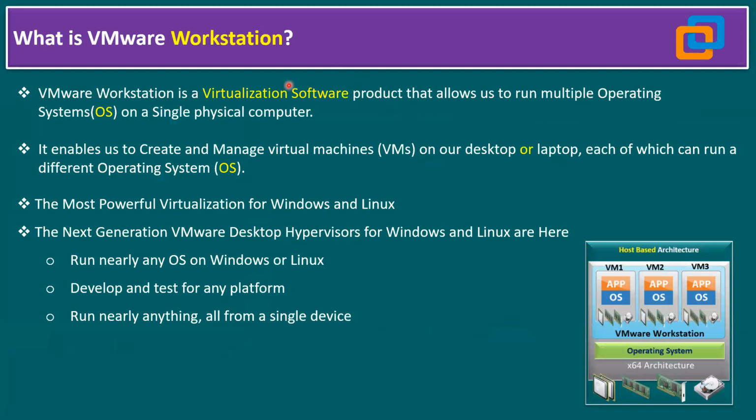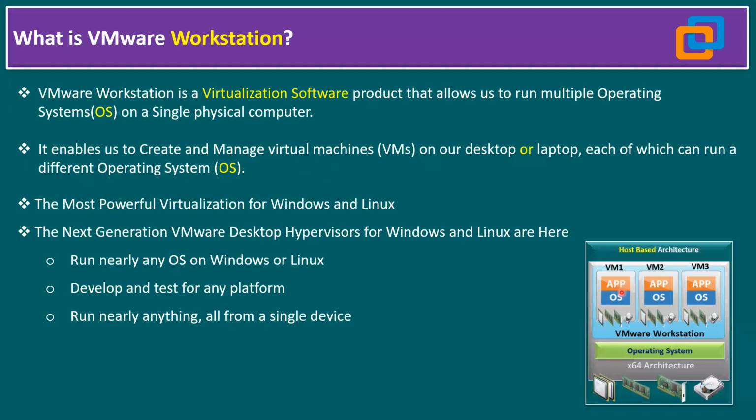That's the reason we say it is a software product that allows us to run multiple operating systems on a single physical computer. Single physical computer means we can run this Workstation software on any desktop system or on a laptop. It enables us to create and manage virtual machines on our desktop or laptop, each of which can run a different operating system.